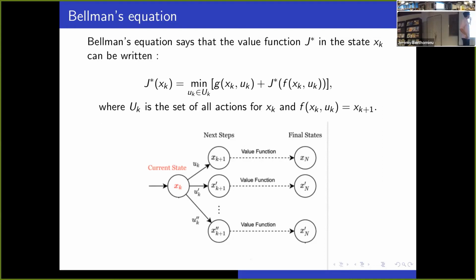Bellman's equation says that the value function here is equal to the minimum over all actions of the cost of the action plus the value function of the next step.